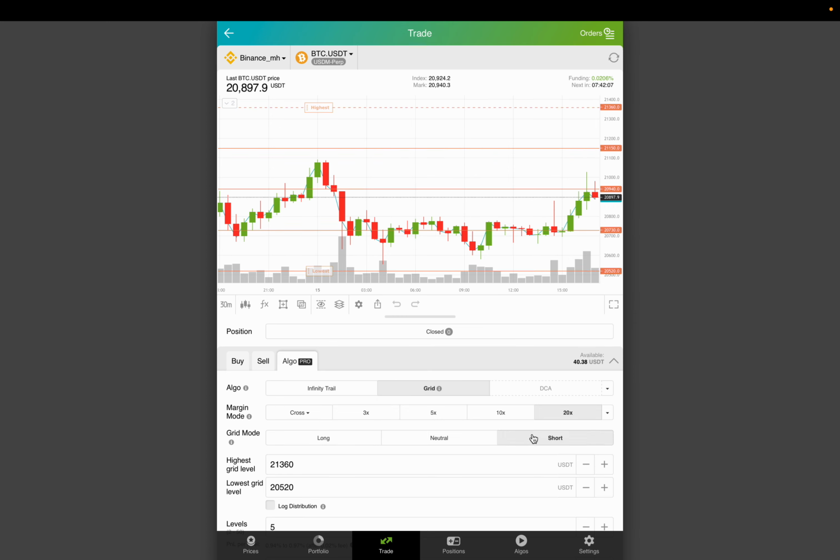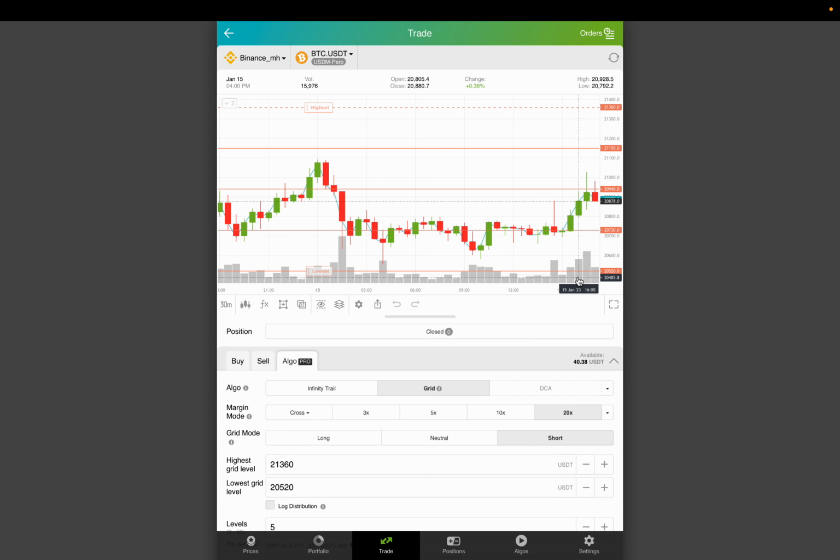And the short grid works the other way around. It will also profit, as both neutral grid and long grid do, from the price volatility inside the grid range. But if the price leaves the grid range and goes down below it, you will actually make a profit too, rather than losing the money, right?